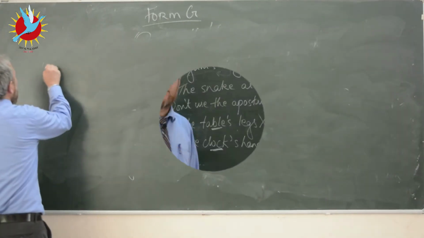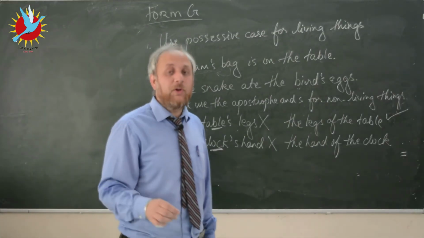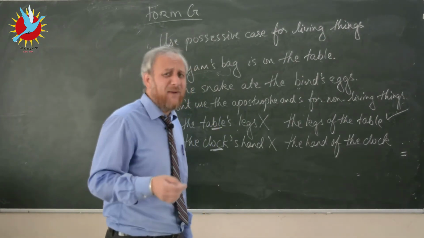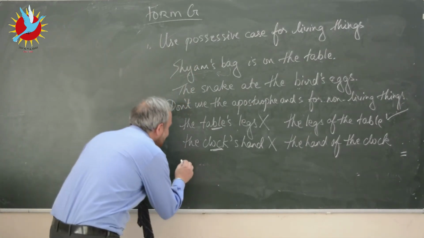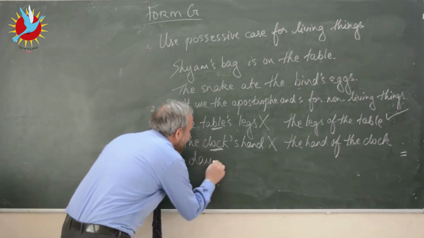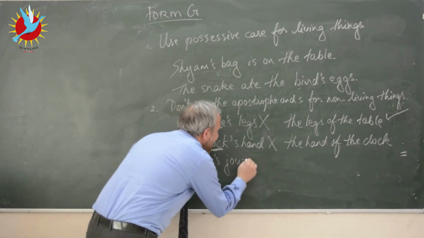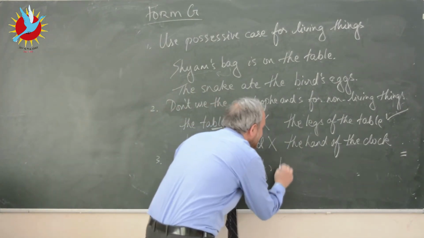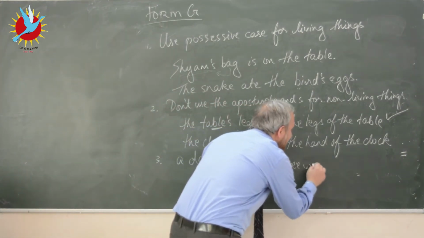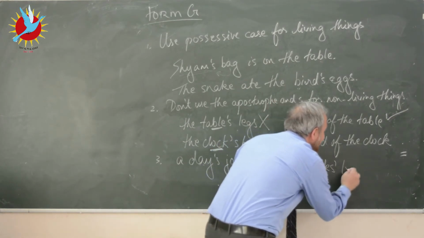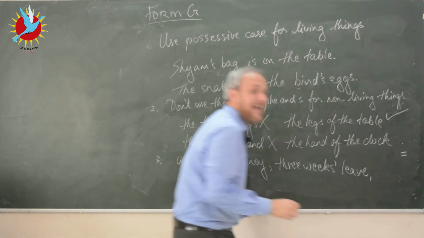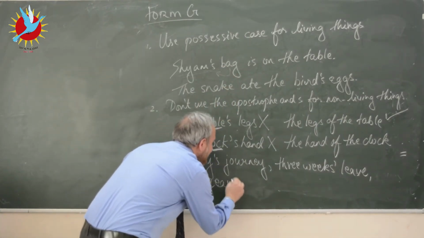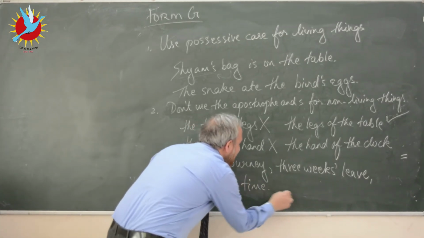Now, kids, we also use the apostrophe and S in certain expressions of time. Like let's say a day's journey. Okay, so let's say 3 weeks' leave, or let's say in a year's time.